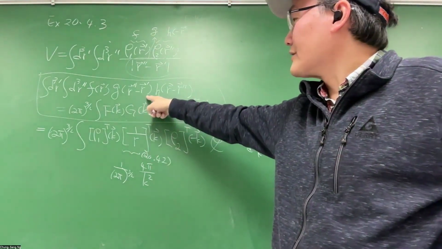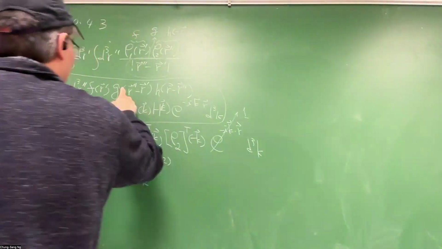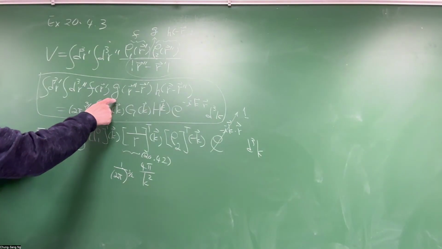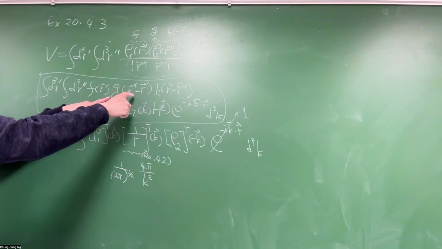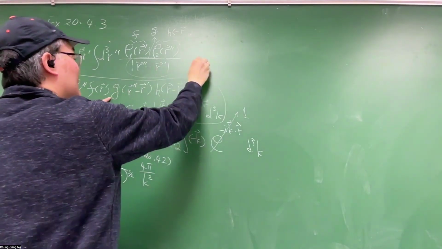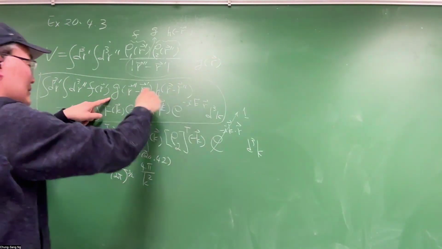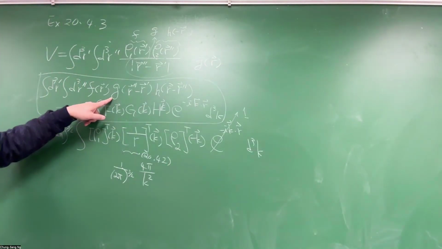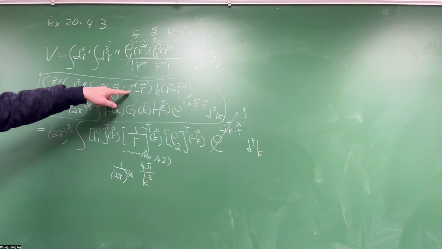R double prime minus r prime. This is the argument of the G function. You have a G function, and you evaluate that using the argument r double prime minus r prime. So the function is G of r, right?